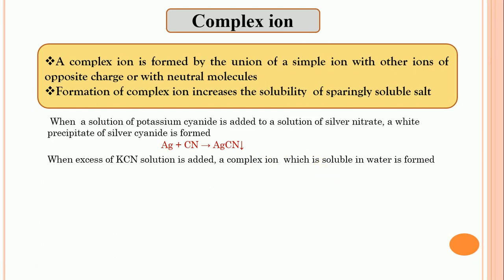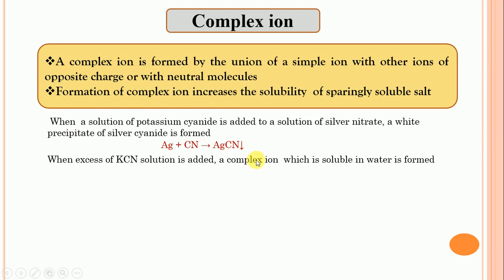So initially the ionic product is greater, and when ionic product is greater, then precipitate is formed, but after the addition of excess of cation, the solubility product is greater, and when solubility product is greater, then this precipitate goes into the solution, or we can say this precipitate gets solubilized into the water.